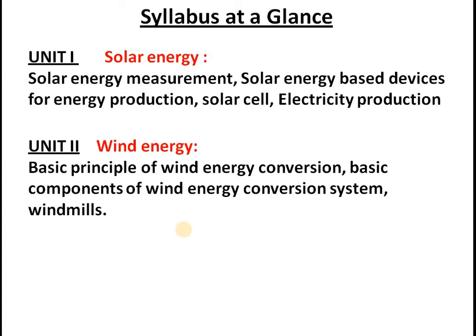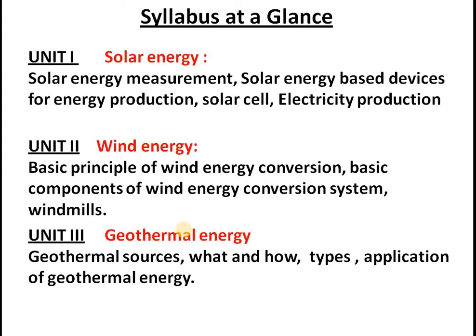Different technologies are there, so we will investigate in detail how wind energy is converted. And in the third chapter we will focus especially on geothermal energy. As I told you, it is the energy contained at the very core of the earth. The very core of the earth is very hot.